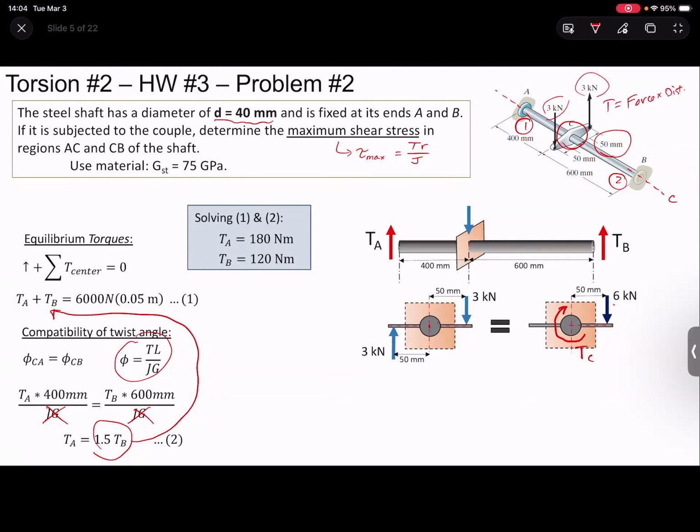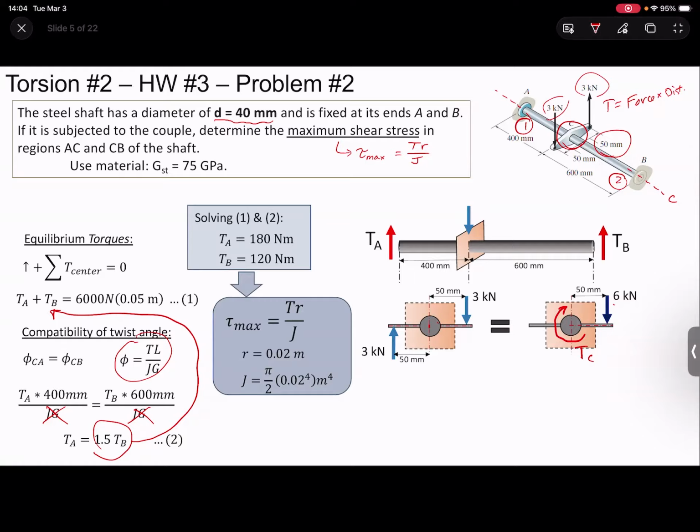And so we have our now two fixed torques at the end of 180 Newton meters and 120 Newton meters. So this is good, but we're not done yet because remember, we're asked to find the maximum shear stress. And we do that using the equation shown right there.